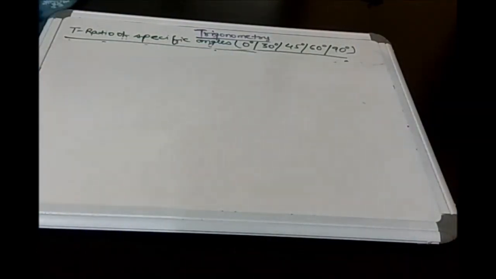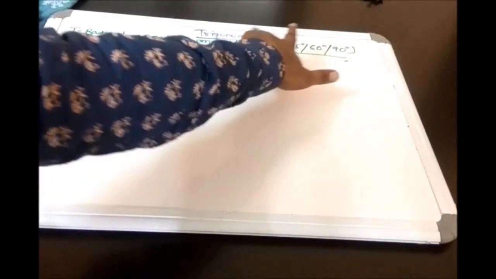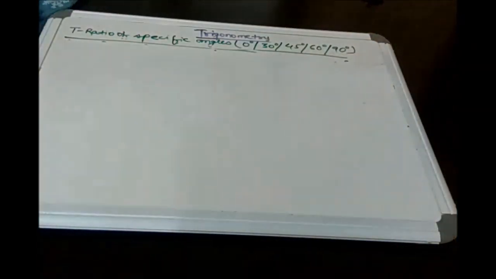So now we know the value of all the 6 trigonometric ratios for all the 5 angles. Now we will summarize the values in a table, and as we practice the sums where the values will be used, slowly over a period of time, you will get the value of each trigonometric ratio by heart.